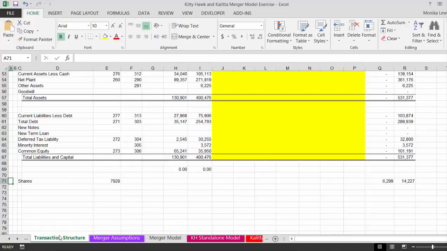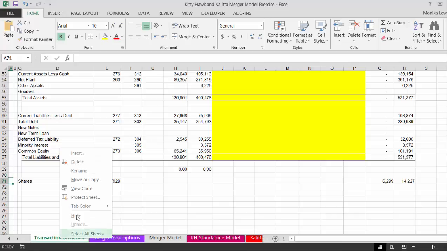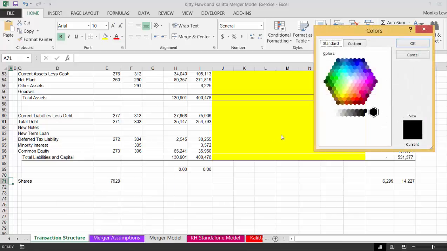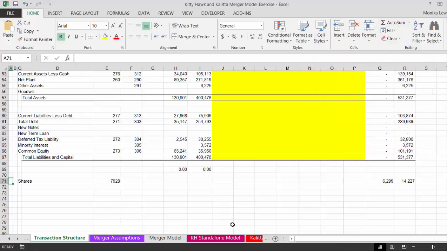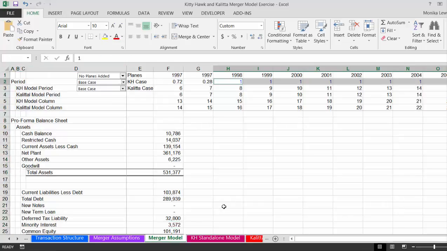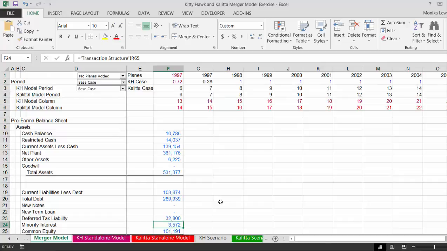Let's make one more for the transaction structure. What we'll do is show you where all these things come from. When we go to Shift Control C on this one, you can see what I'm showing you, I hope.